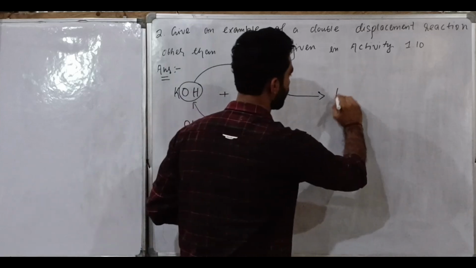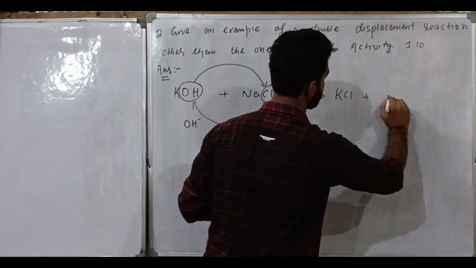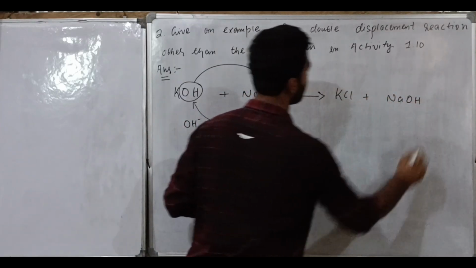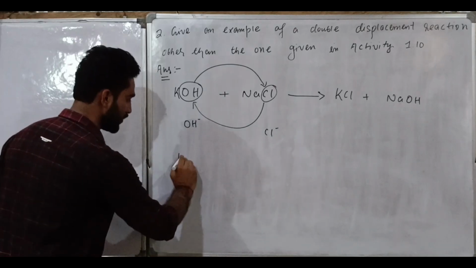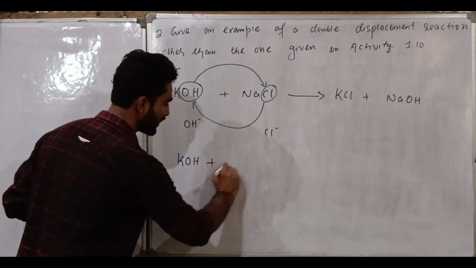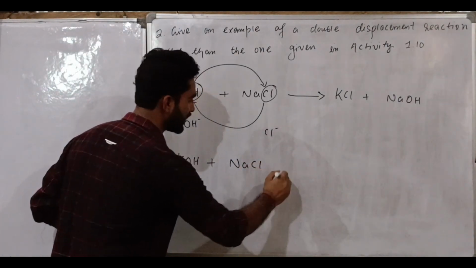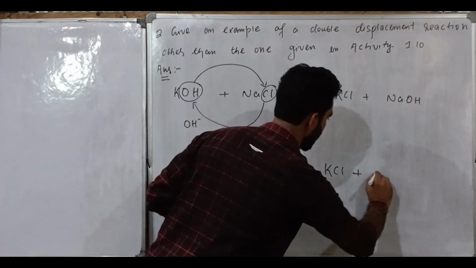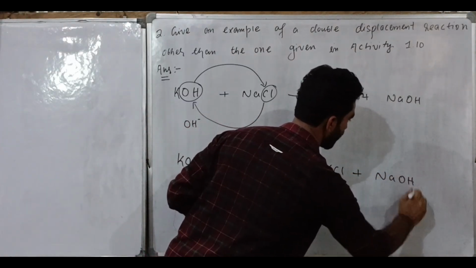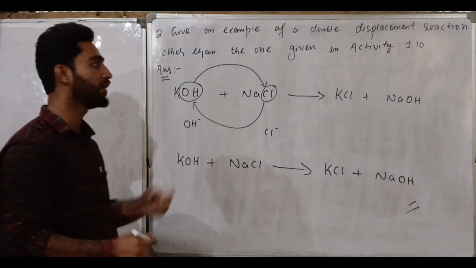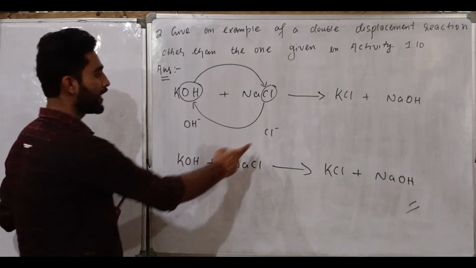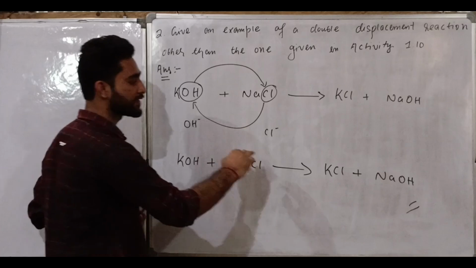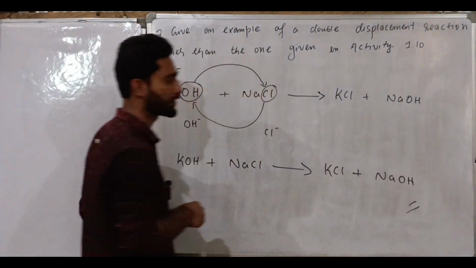So they will form what? Potassium chloride plus sodium hydroxide. So when the potassium hydroxide reacts with NaCl, they form potassium chloride plus sodium hydroxide. So this is an example of the double displacement reaction. Here the ions switch their places and they form two new products.